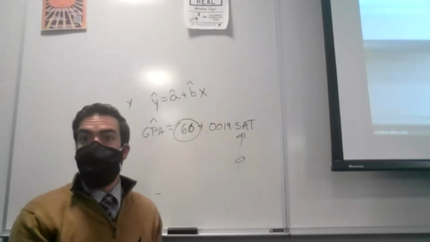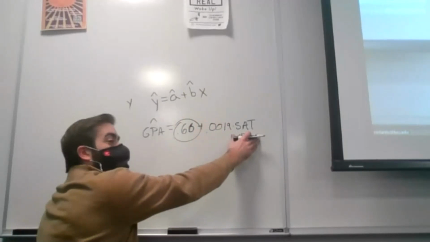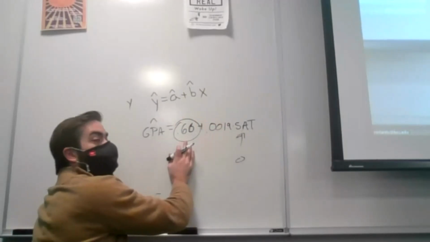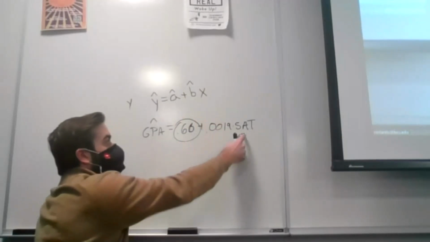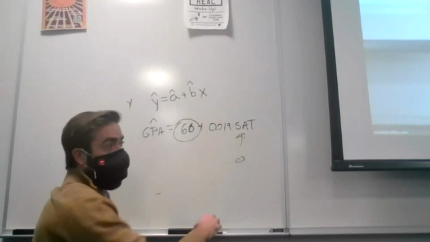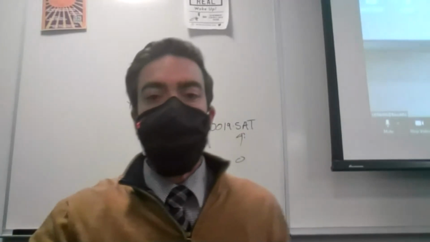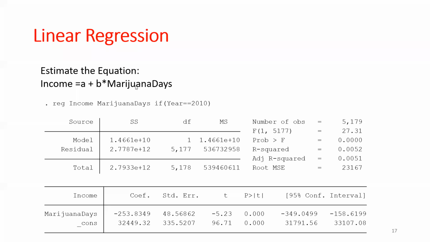So the way we interpret the intercept is, if my X variable is equal to 0, this is kind of like where Y starts, right? This is the predicted value of Y if that X variable is equal to 0. So in this example, if someone uses marijuana 0 days each month, their predicted income would be $32,000. Okay? So that's how we kind of interpret these coefficients.